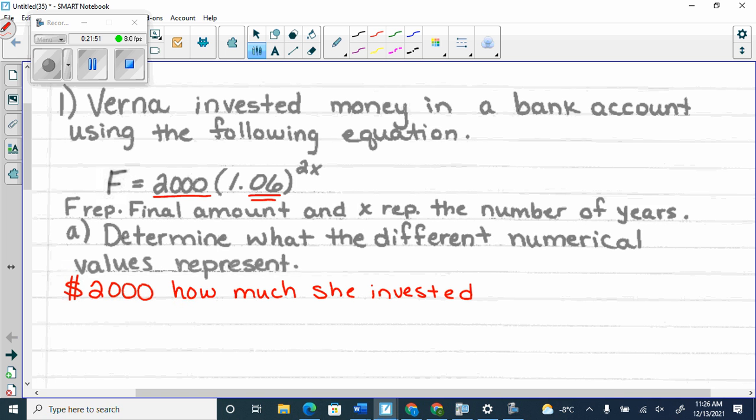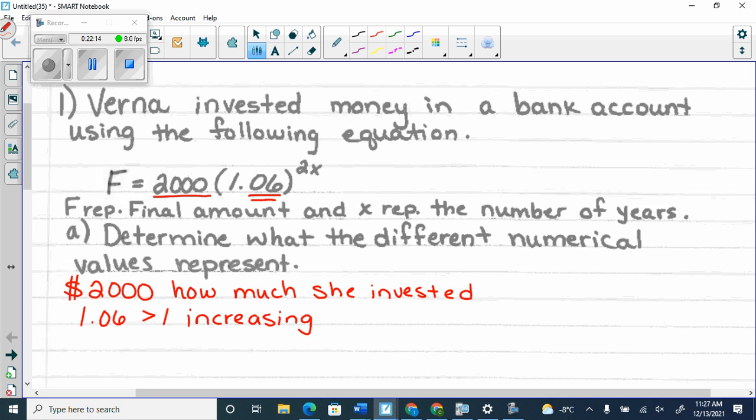Now what's this 1.06? 1.06 is greater than 1, so we know it's increasing. But what's it increasing by? This is the trick. It's not increasing by 6%. It's increasing by what? What did I do to get that 6%?